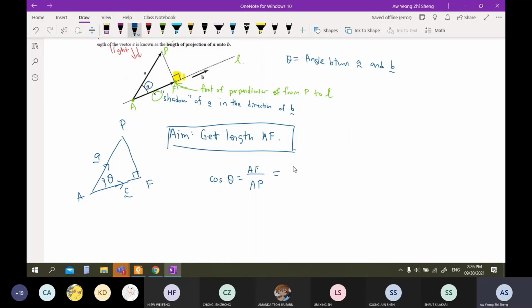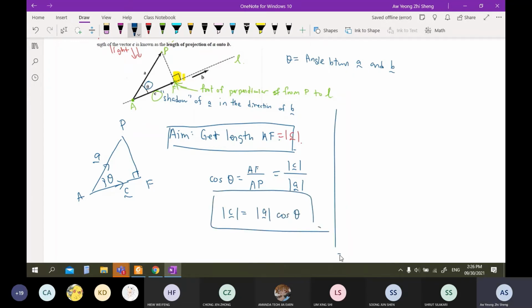AF is the length of vector C, modulus C, right? What is AP? AP is length of vector A, according to my diagram. Okay. Then, if I make length of C my subject, because my aim is to get length of AF, which is also the length of vector C, I get length of C equals length of A times cos theta. Right.